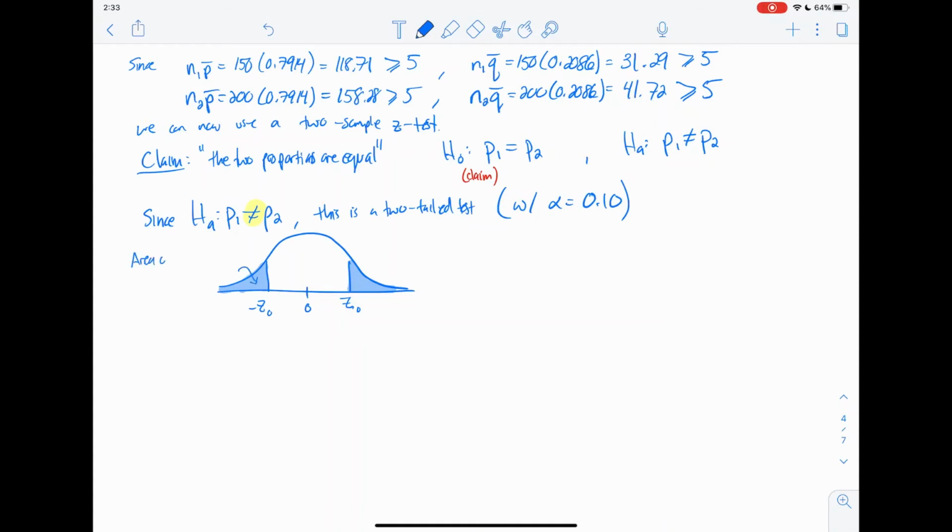The area of one tail is equal to 1/2 alpha, which in this case is 0.05. So what we need to do now is go to our standard normal table, find an area of 0.05, and that'll give us our negative critical value.